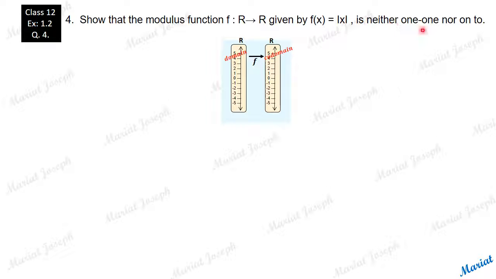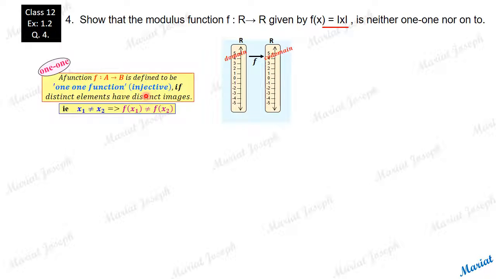Now we need to check whether it is a one-one function. Let's go by the definition. A function f defined from set A to set B is called one-one function or injective function if distinct elements have distinct images. That is interpreted as: if you take two unequal elements x1 and x2 in the domain, that should imply that their respective images are also unequal.